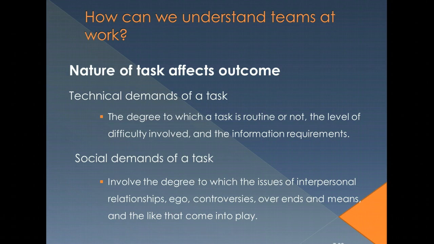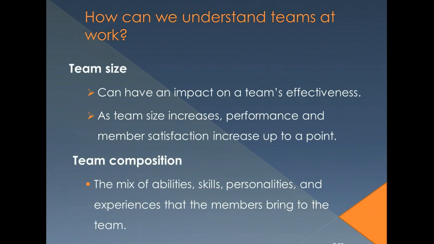Whether the ends justify the means. Things like this can be a very demanding aspect of a team. So teams have to deal with not only the technical work-related difficult issues, but also there could be a social functionality of the team that can also affect the outcomes, whether a team's successful or not.